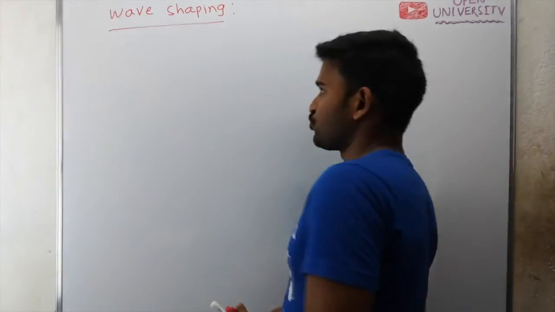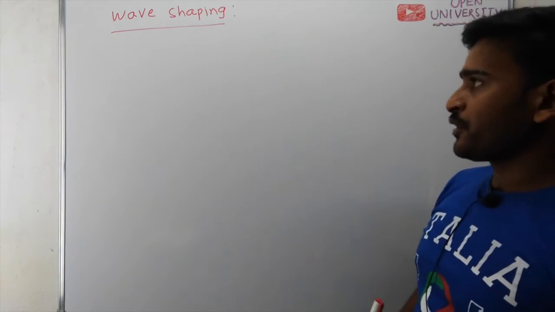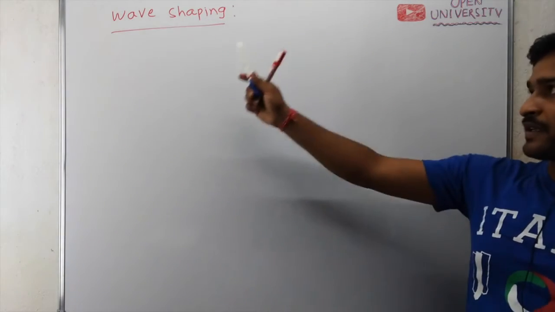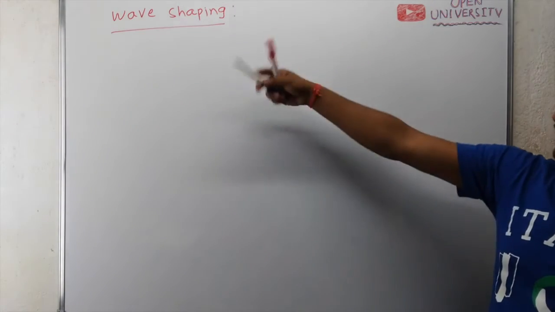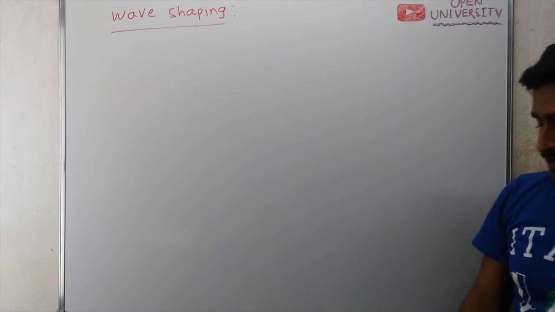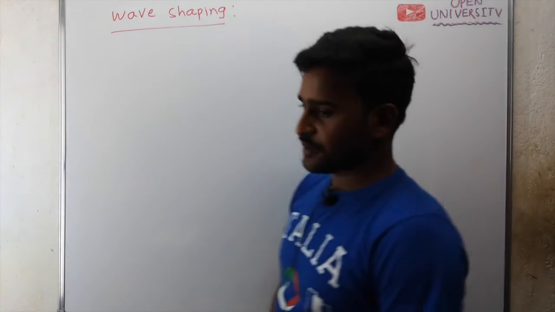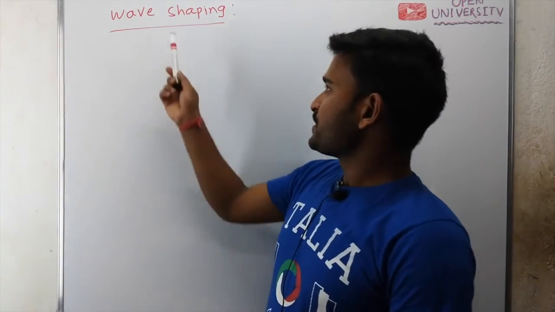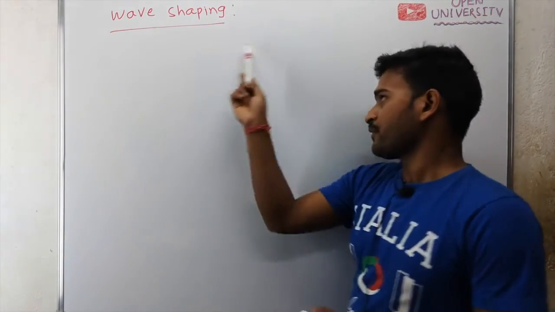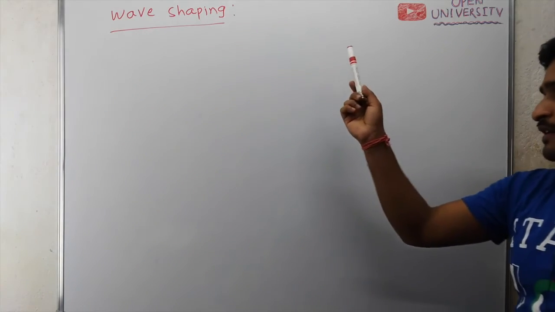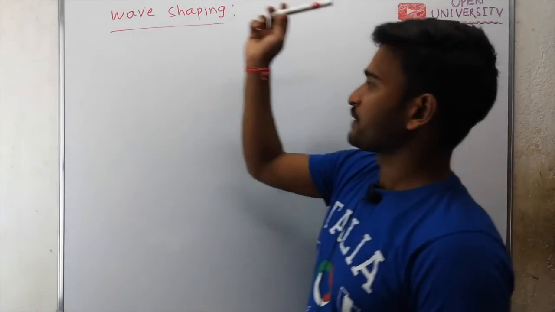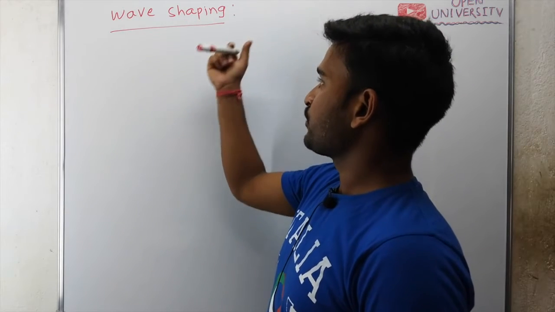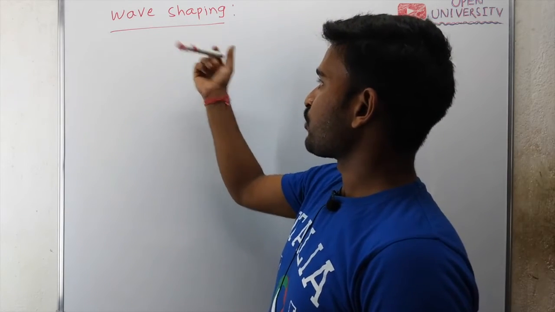It refers to changing the shape of a waveform. The process of changing the shape of a waveform is said to be wave shaping. And the circuit which can change the shape of the waveform of a signal is said to be a wave shaping circuit.